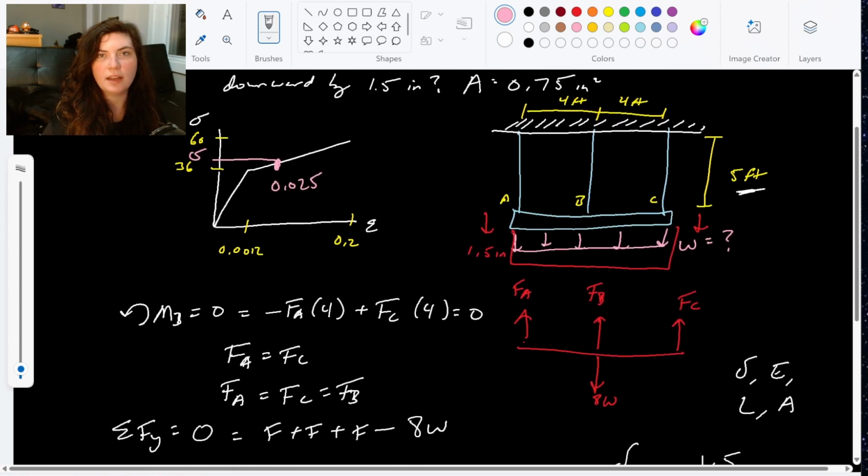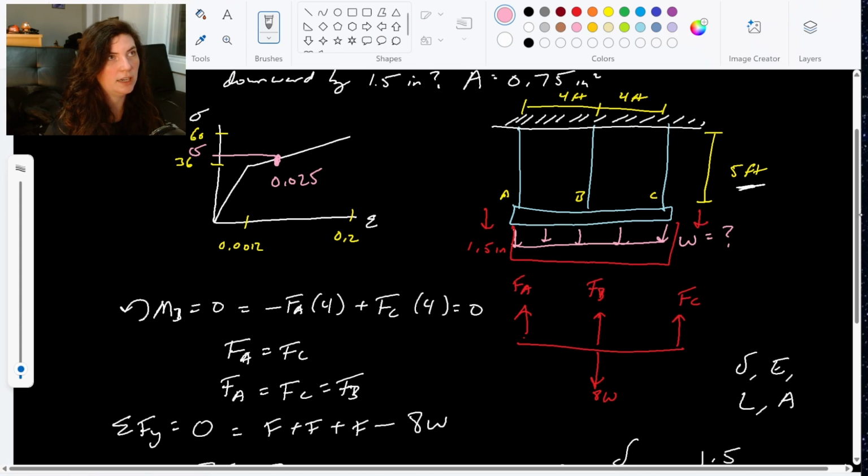And the way I can do that is with something called interpolation. If you haven't seen this interpolation concept before, essentially it's like you're taking the slope of this line and then comparing it with the values that you do know to find your unknown value. So what I'm going to do is take the values that I do know, the 60, the 36 for stress, the 0.2, the 0.0012 for strain.